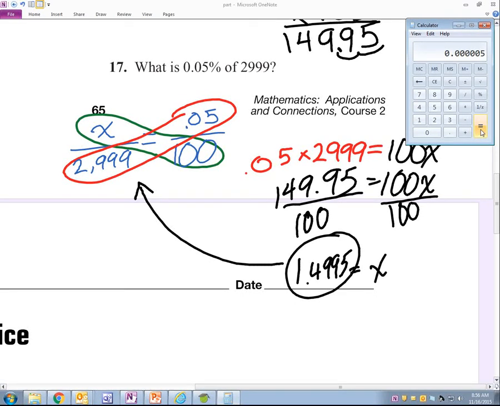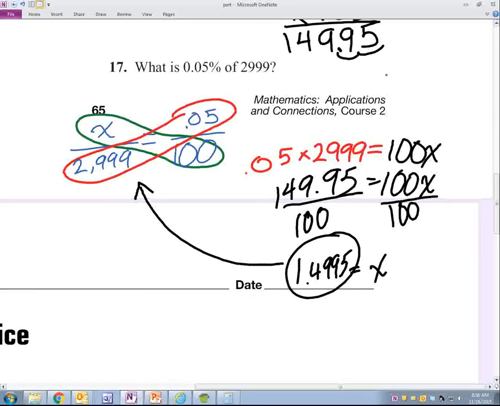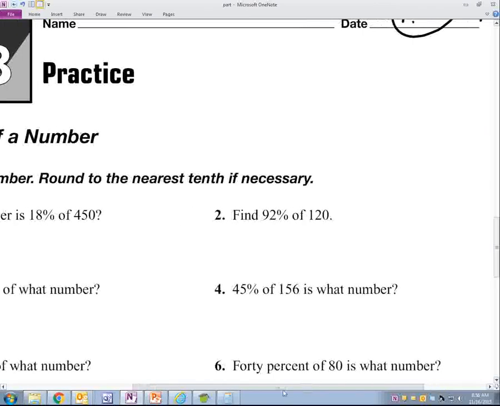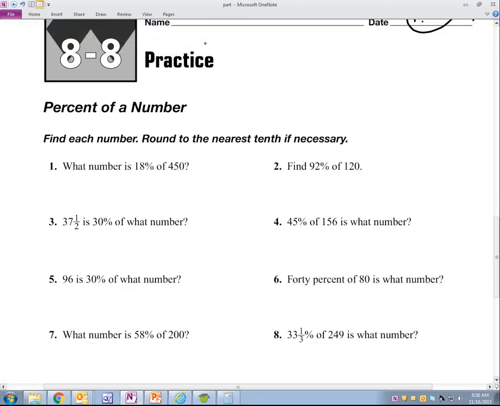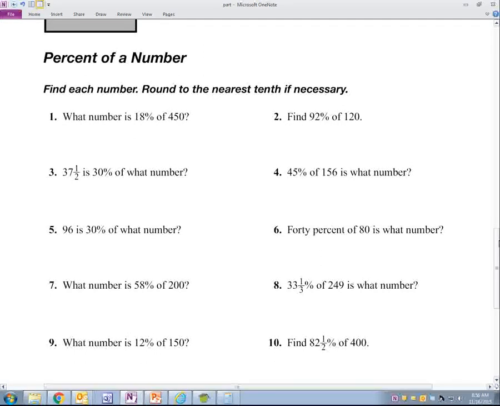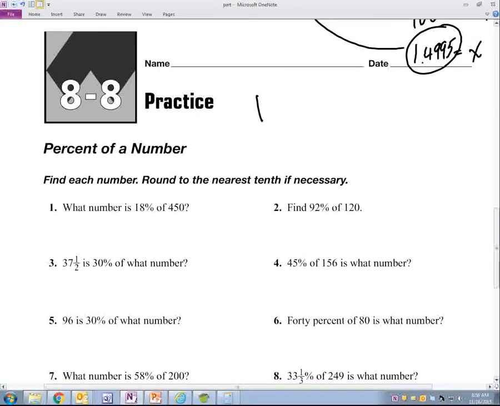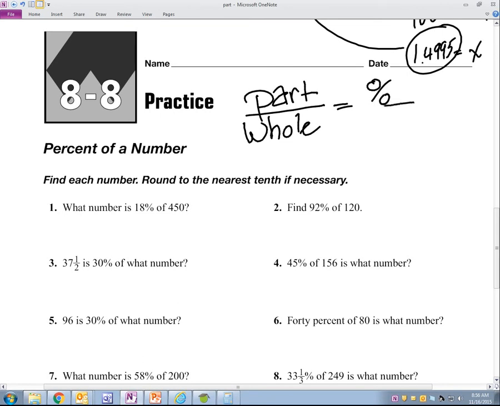That's your homework, and this is actually the homework right here. I expect you all to have this on the top of your page. Every single one of you should put that at the top of your homework.